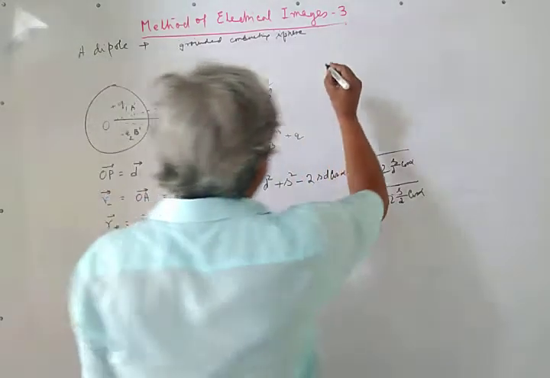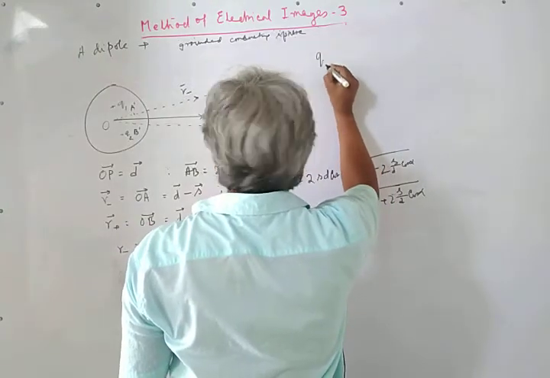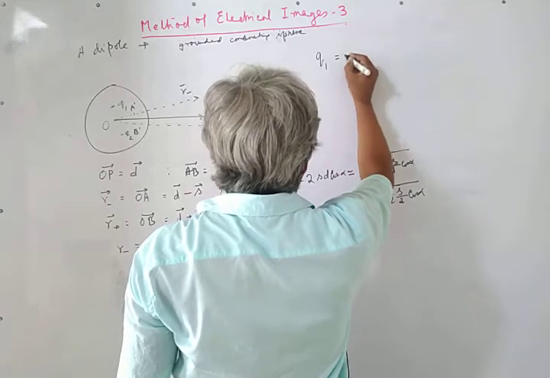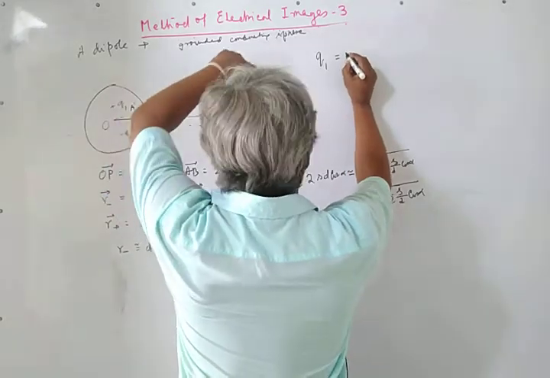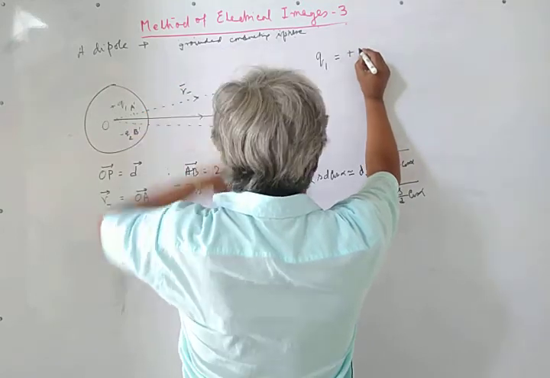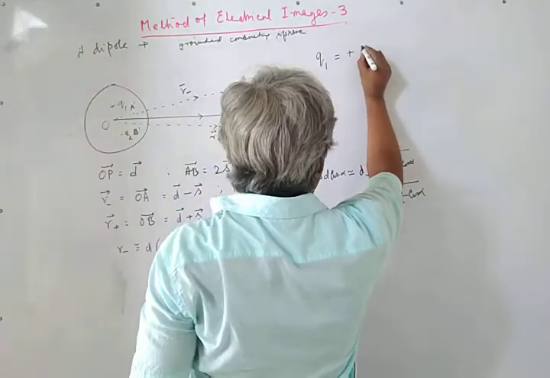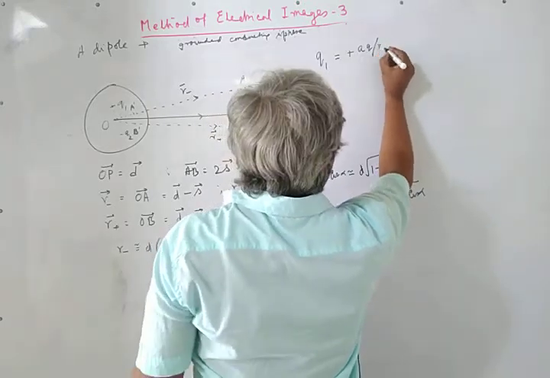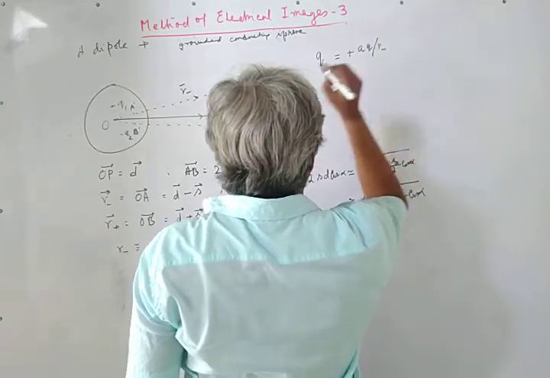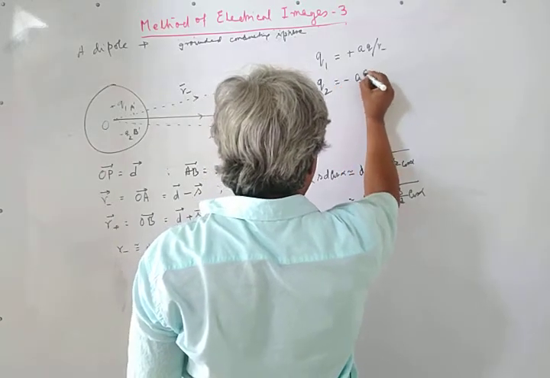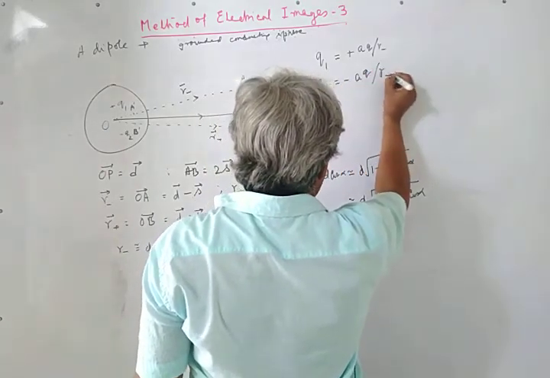Now coming to the magnitude of Q1. Q1 magnitude is plus, because it is minus, so this is plus A cube by R minus, and Q2 is minus A cube by R plus.